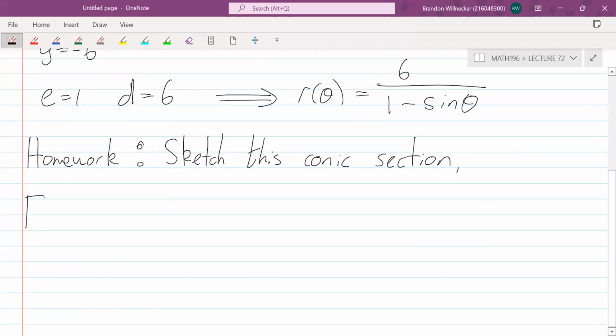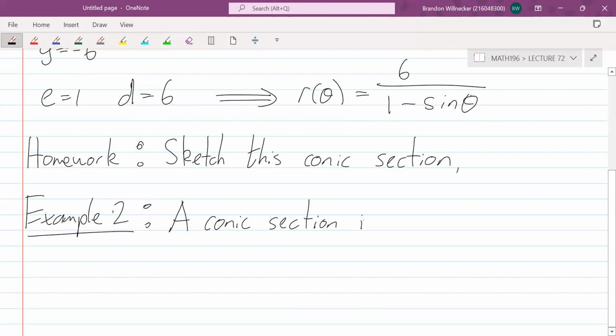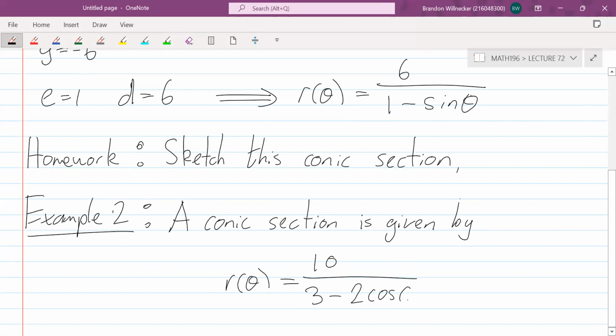Okay, example 2. A conic section is given by r of theta is equal to 10 over 3 minus 2 cos theta.